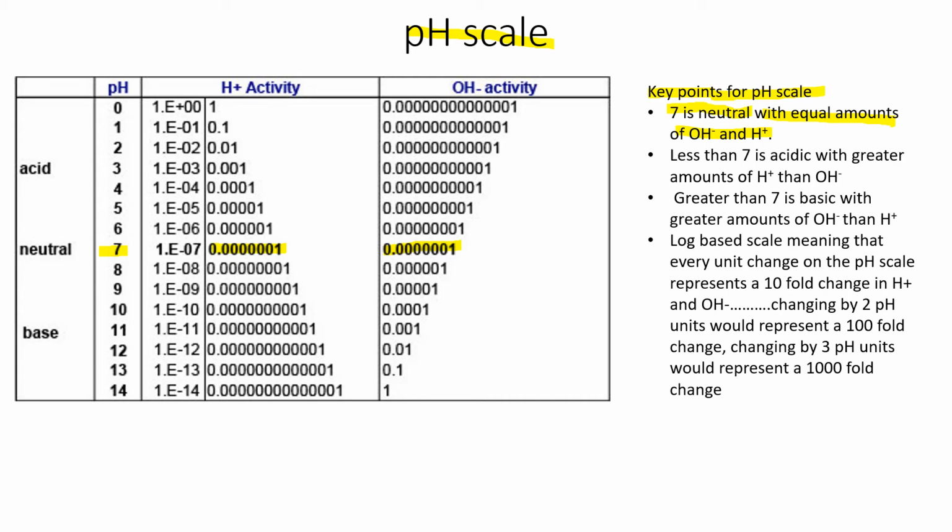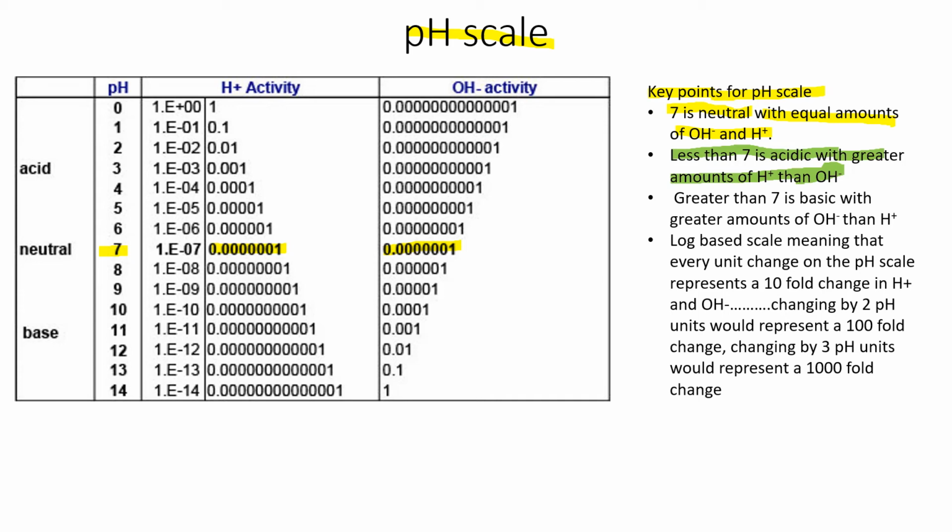The other thing we want to look at on the pH scale is that things that are less than 7 are acidic. And what that means is if you're less than 7 on the pH scale, you're going to have greater amounts of H+ than OH-. That's what it really means to be acidic.